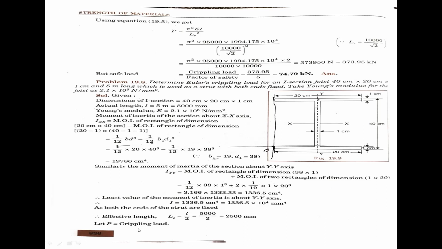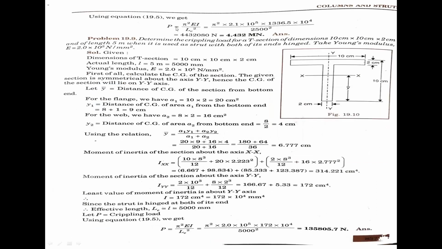The crippling load P is calculated using the formula P equals π² E I by Le squared, where Le is L by 2, so 2500 squared, π squared, 2.1 × 10^5, times 1336.5 × 10^4. Finally we get the value 4.432 meganewtons.